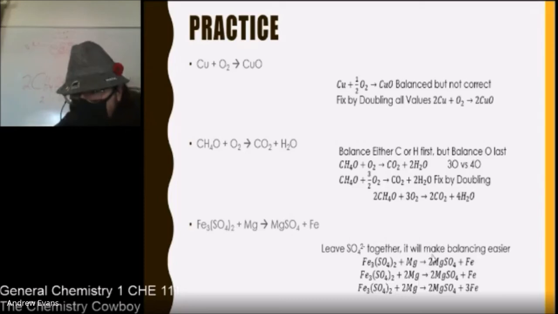So I can leave the sulfate as one unit instead of trying to balance sulfur and oxygen both. Because sulfate is left unchanged from left side to right side, we can make our lives a lot easier.